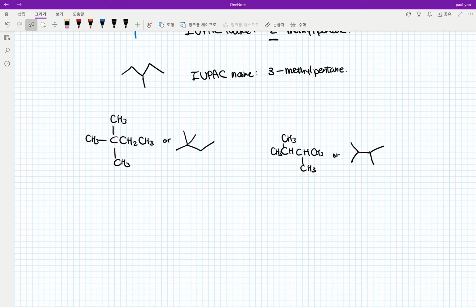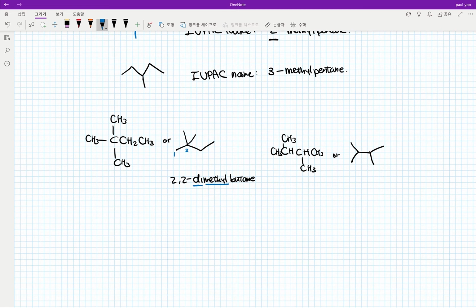The IUPAC name of the left compound will be 2,2-dimethylbutane because it has a double methyl group, so we put the prefix di in front.